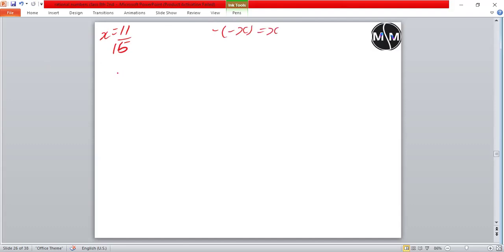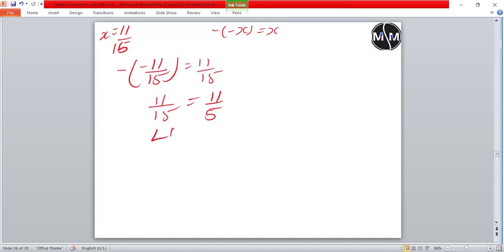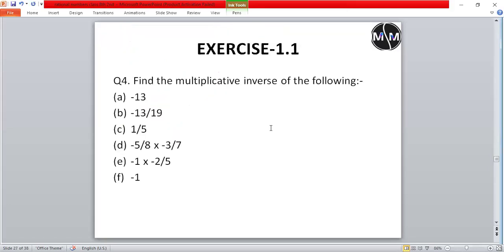First of all, we put 11 by 15 in the place of x. We get minus of minus 11 by 15 is equal to 11 by 15. Yes, it is. Minus multiplied by minus, we get plus. Means positive 11 by 15 is equal to 11 by 15. LHS is equal to RHS. The second one is homework.